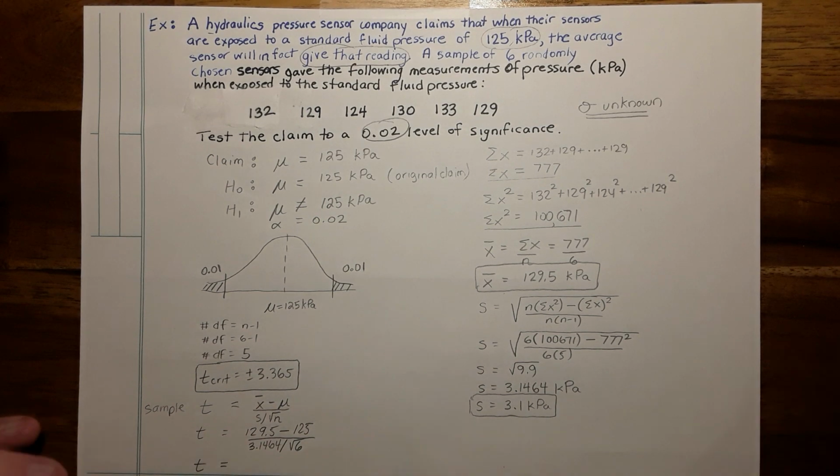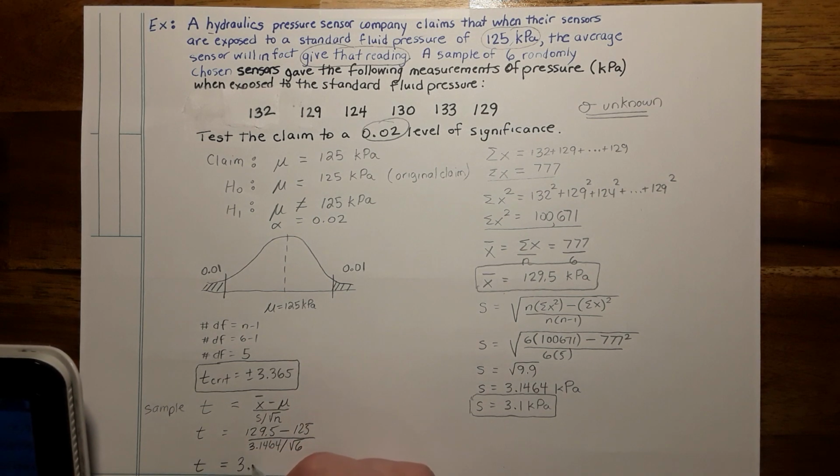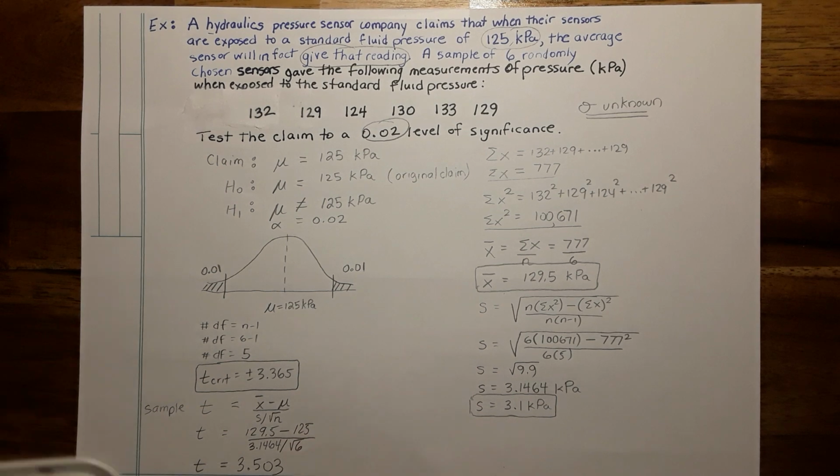So for the sample, we get a test T-score statistic of 129.5 minus 125, all divided by our sample standard deviation 3.1464, and dividing by root 6 is the same as times root 6. We're going to end up with a T-score calculation of 3.503.